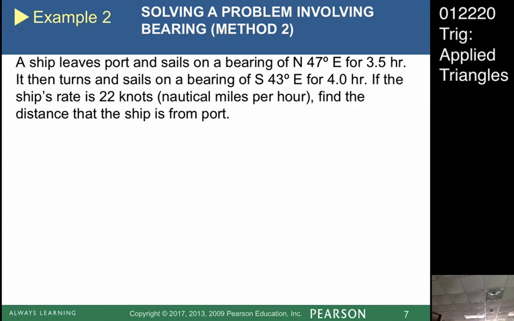If the ship's rate is 22 nautical miles per hour, find the distance that the ship is from port. Okay? So, 22 knots.